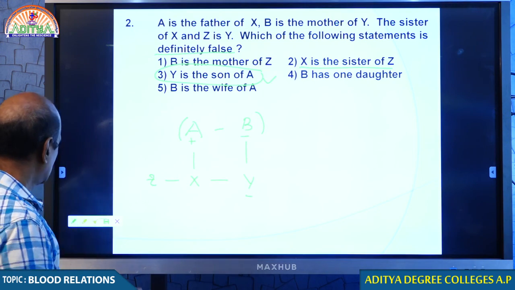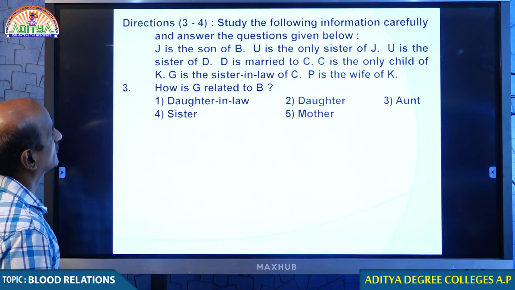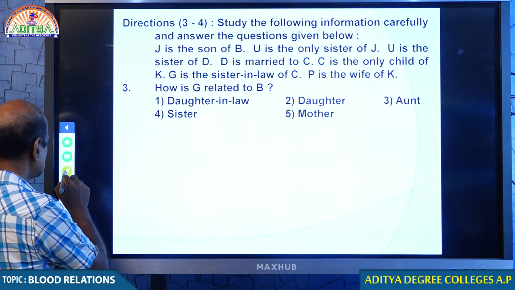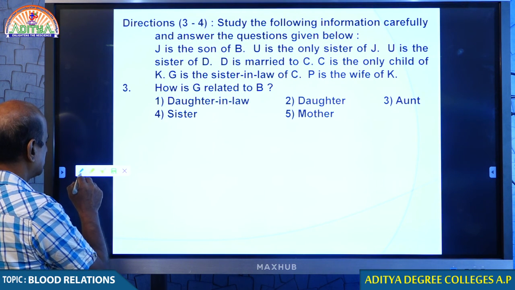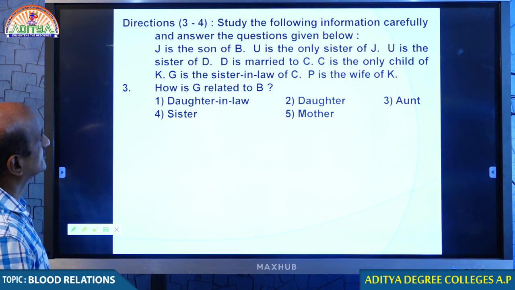Okay, come on. One more question, maybe this time you get more clarity. Questions 3 to 4. These two questions depend on this information, so please concentrate. Study the following information and answer the questions.